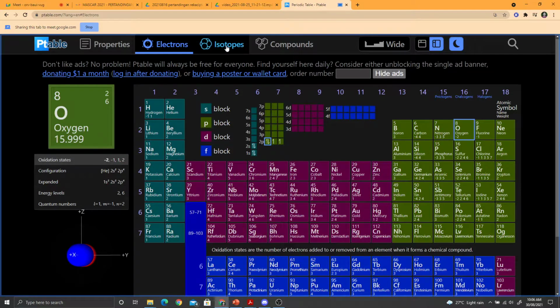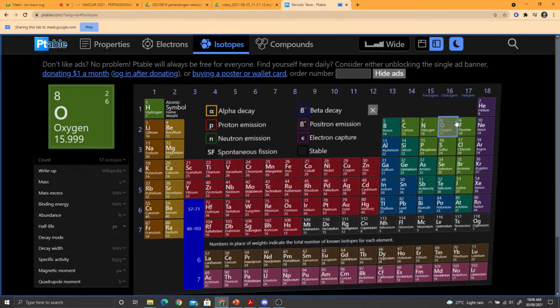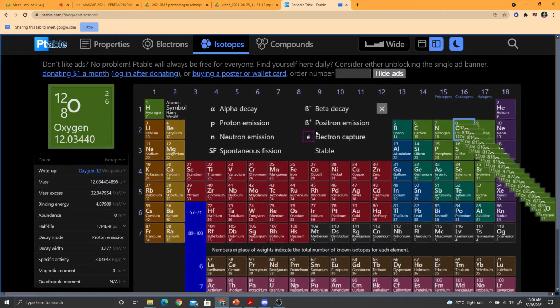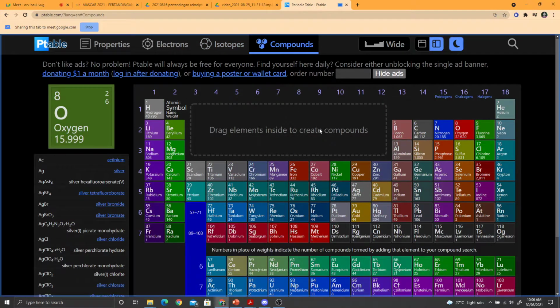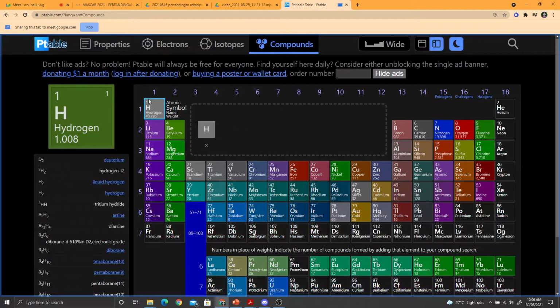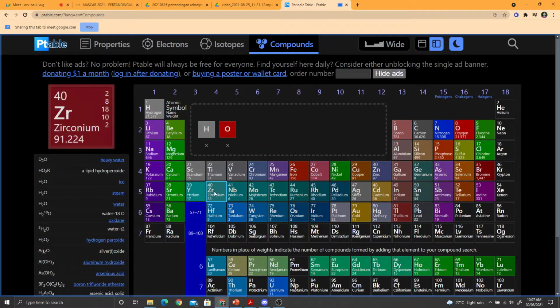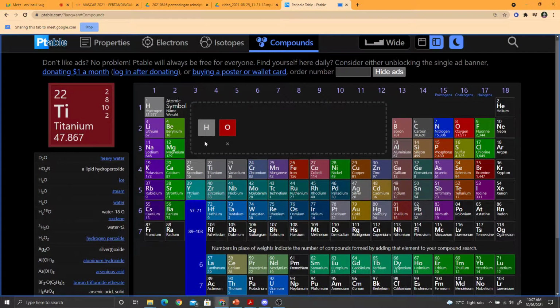Okay, and then you also have isotope. Isotope maksudnya dia punya different mass lah, oxygen. And then kalau you guys boleh tengok all the different mass yang dia ada, and also the compound. Contohnya apa korang nak buat water, so korang boleh letak.